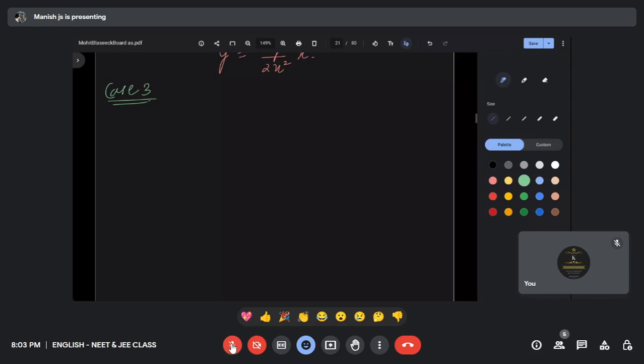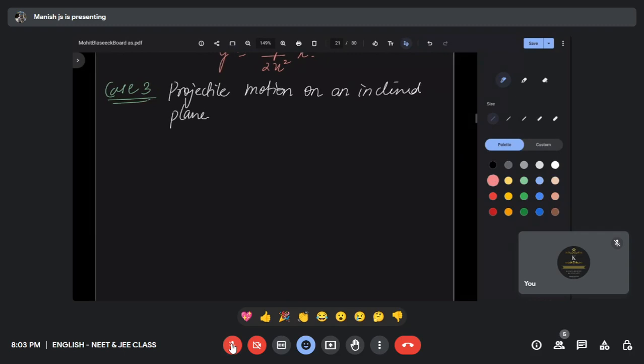Let me give the heading for this as projectile motion on an inclined plane. So that is what we are going to see now.